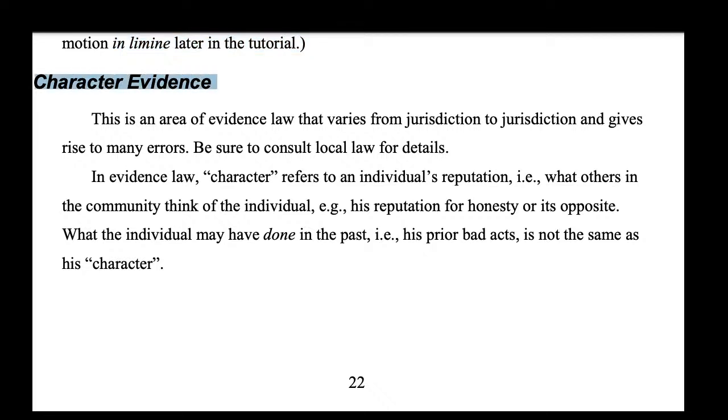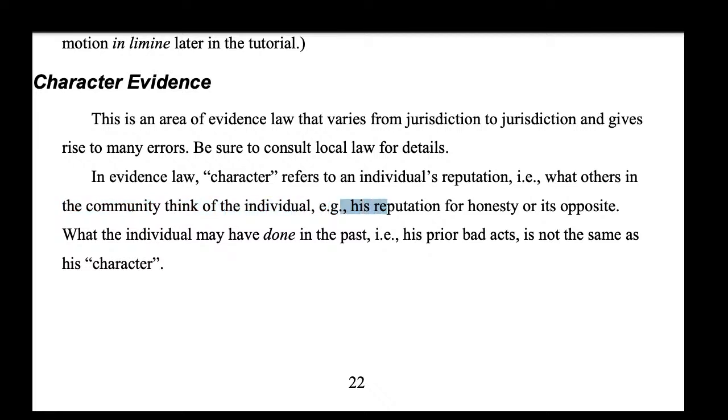Character evidence. This is an area of evidence law that varies from jurisdiction to jurisdiction and gives rise to many errors. Be sure to consult local law for details. In evidence law, character refers to an individual's reputation. An example, what others in the community think of the individual.